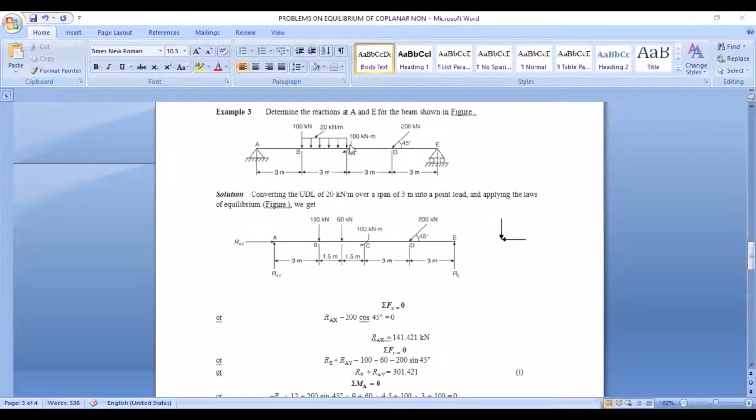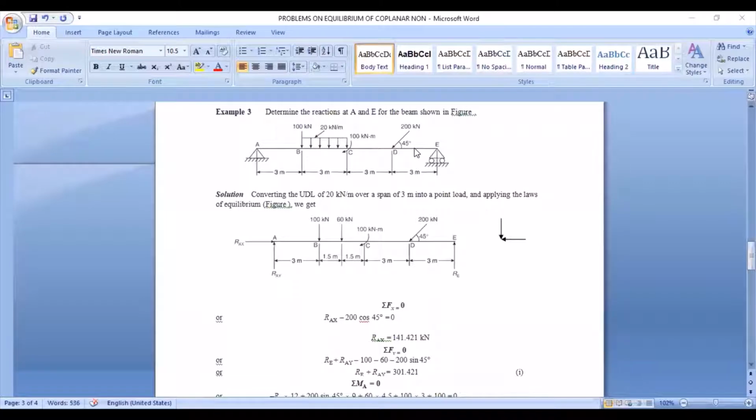At point C, you have a clockwise moment of intensity 100 kilonewton meter. From span B to C, you have a UDL of intensity 20 kilonewton per meter. At point D, you have a 200 kilonewton inclined load, which is inclined at an angle of 45 degrees with respect to horizontal.